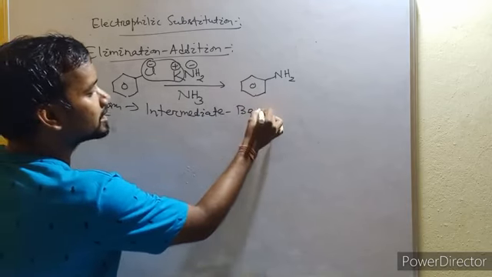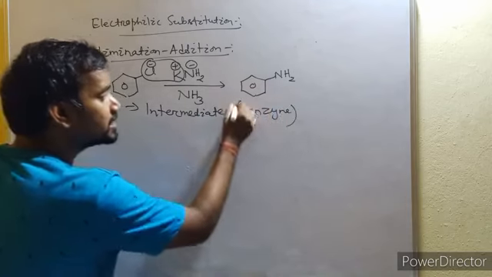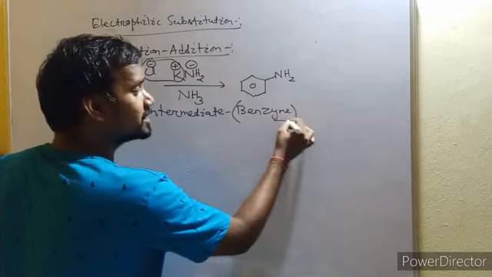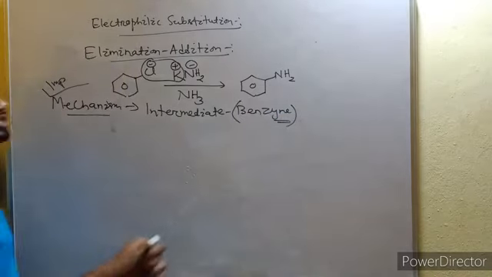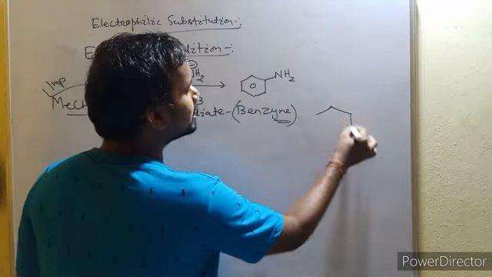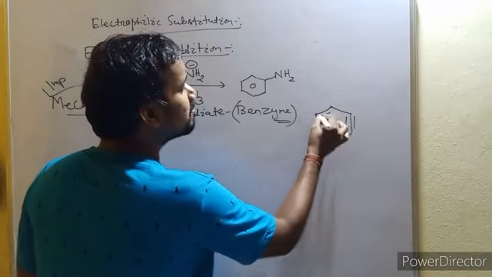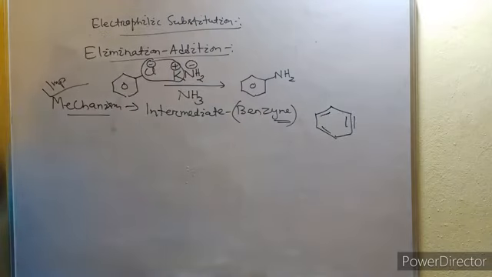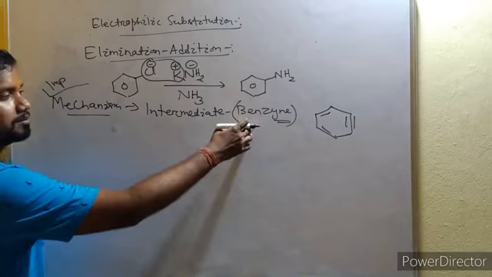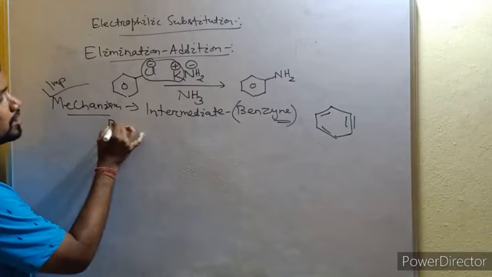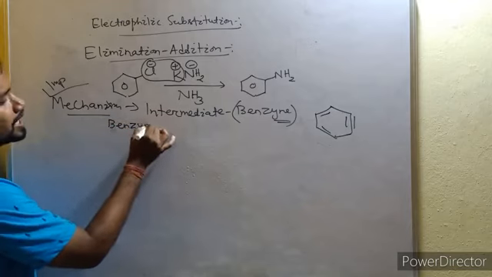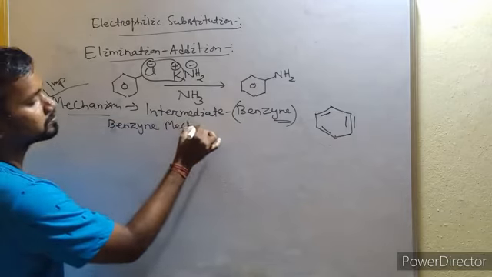Now benzyne. Most important thing, benzyne. You know benzene. Benzene has double bonds. Here you see the word YNE, so benzyne is a triple bond compound. The benzene ring carbon has a triple bond. This is called benzyne. Okay, this will be the intermediate. On the basis of this name, this mechanism is also called the benzyne mechanism.